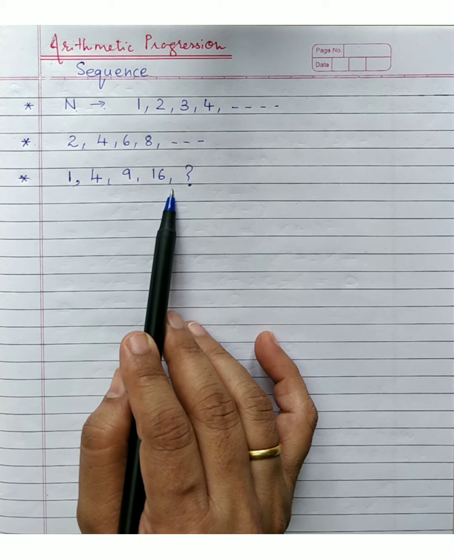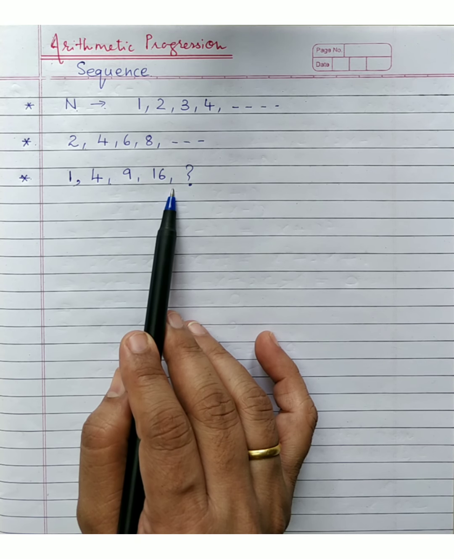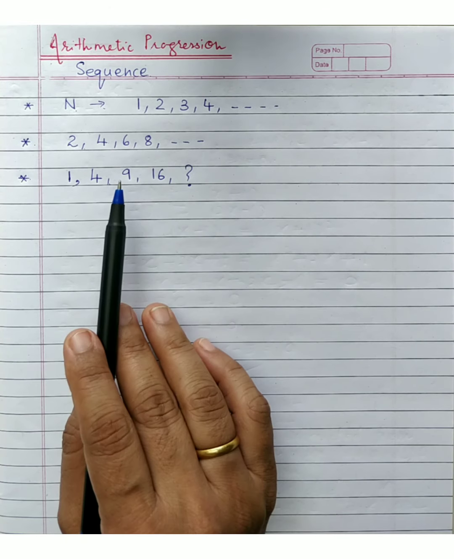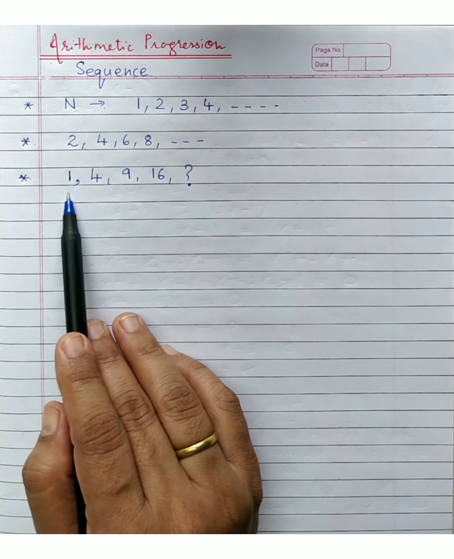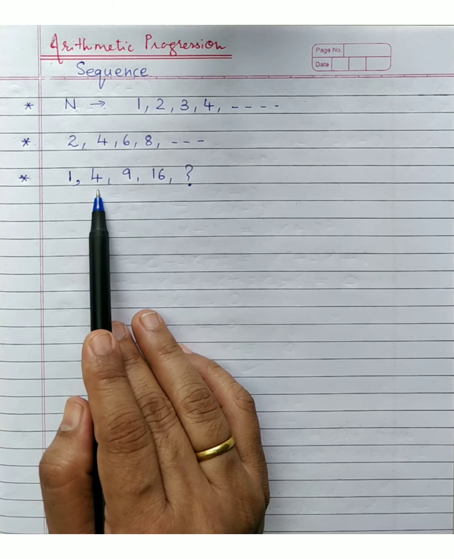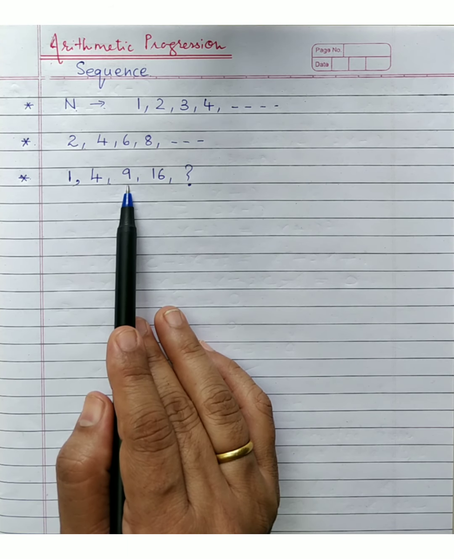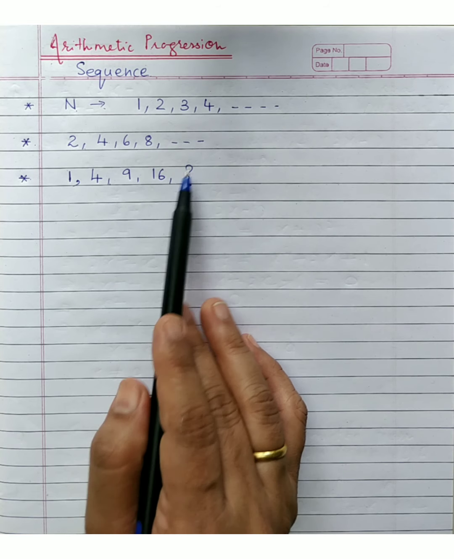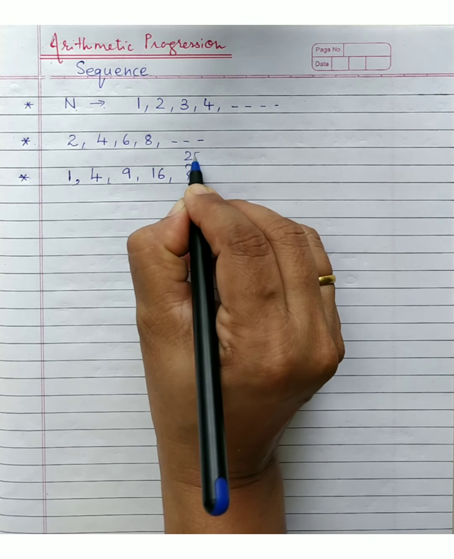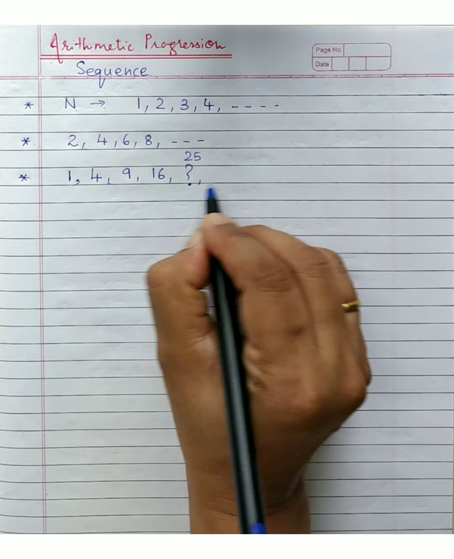First observation: they are all perfect square numbers. What are perfect square numbers? Those obtained by squaring a particular number. Like 1 is the square of 1, 4 is the square of 2, 9 is the square of 3, 16 is the square of 4. So immediately you will be able to tell me the answer here: 25.